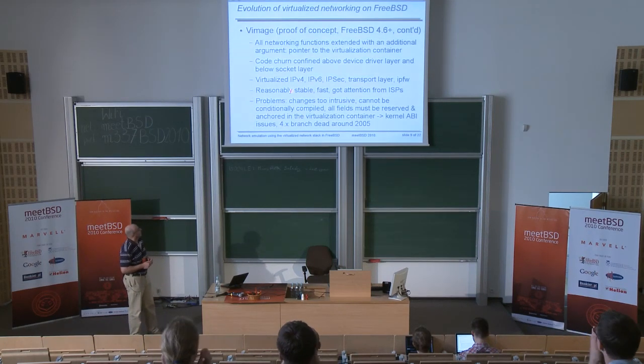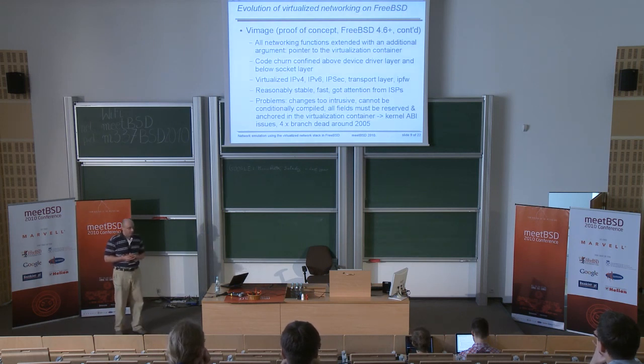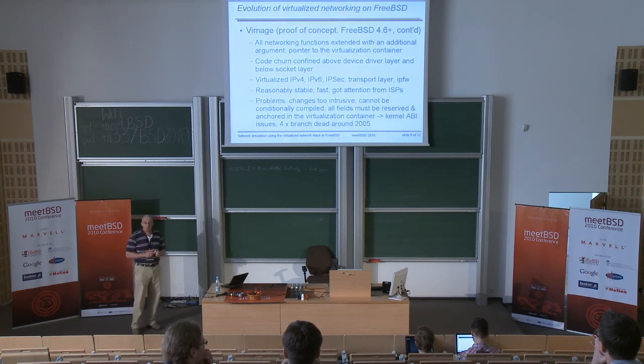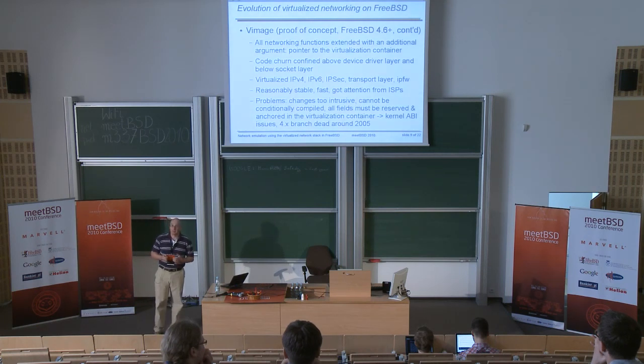And in this prototype, IPv4, IPv6, IPSEC, the whole transport layer, and IPFW firewall was successfully virtualized. The whole system worked reasonably stable, and most important of all, it was really, really fast.